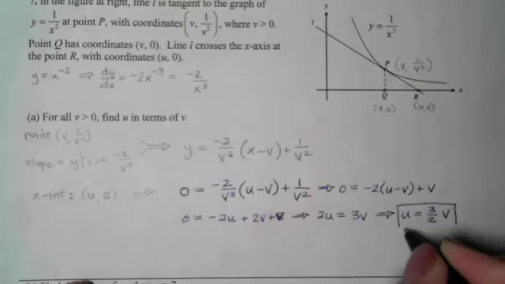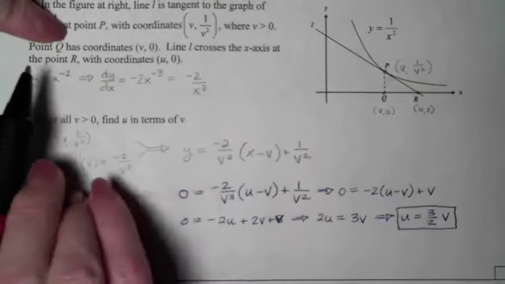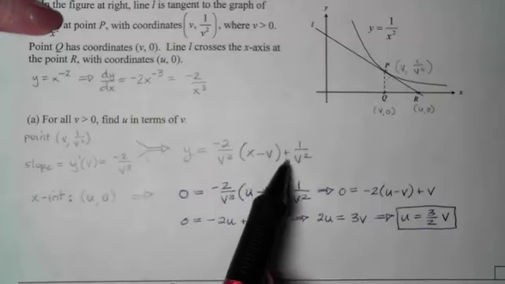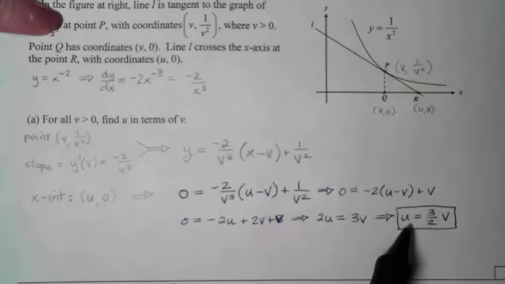The point breakdown for this section is 1 point for taking the derivative of y and evaluating that derivative at v. Your next point comes from writing the equation of the line, and your final point comes from determining that u equals 3/2 v. So now that we have that relationship, we are ready to continue on.